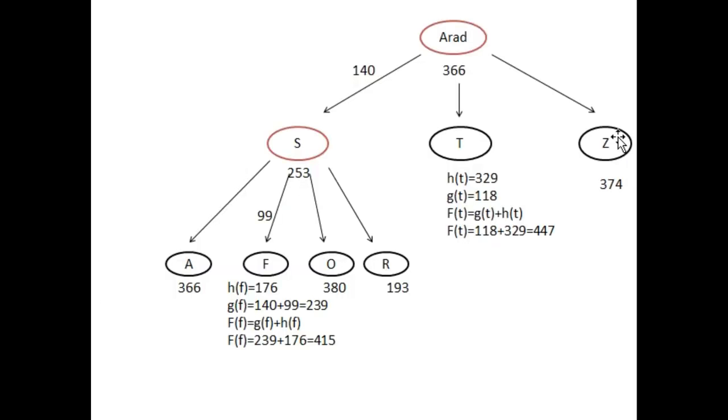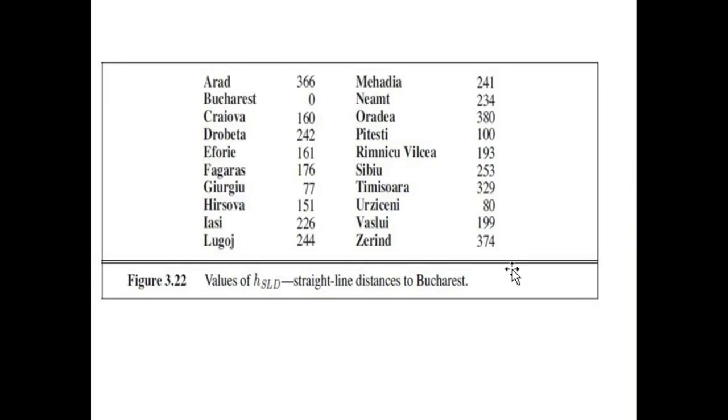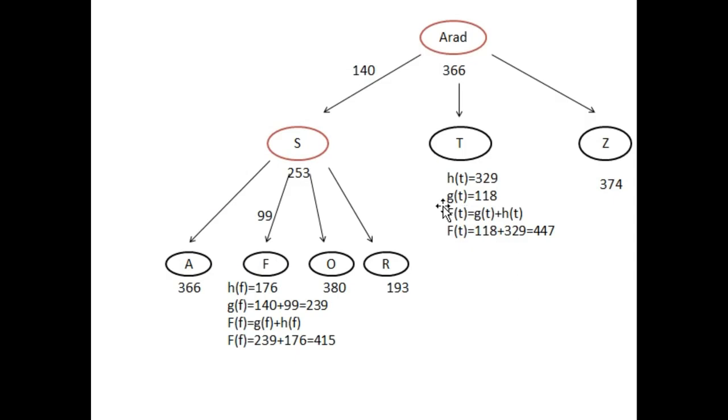Just look at this slide, from city A to city T, and how can we calculate the value of f of t. So f of t is equal to g of t plus h of t. The value of h of t we can get from this table. H of t is 329. But what is the value of g of t?